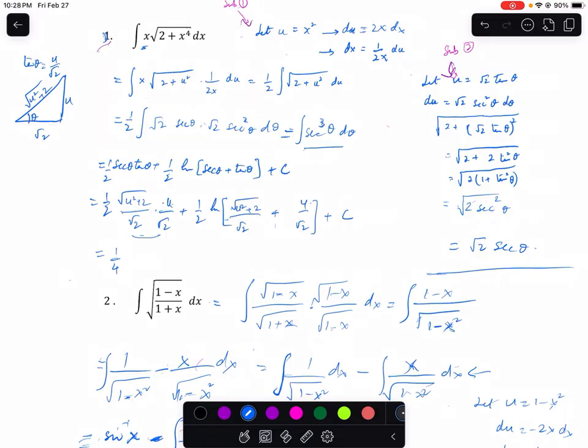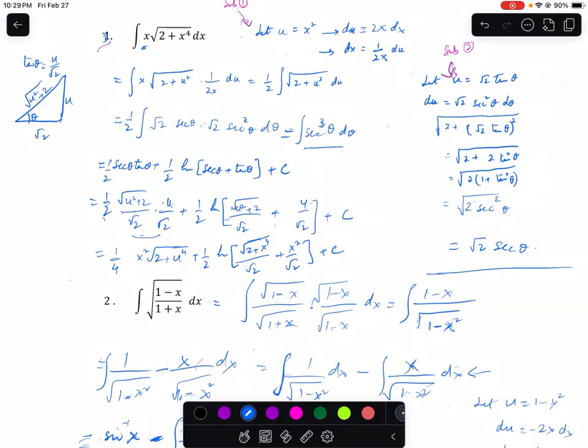So u is x square, and I'm getting x square times the square root of 2 plus x to the 4th, and then we have the square root of 2 or 2 at the bottom, which gets multiplied by the 2 here, plus 1/2 ln of the square root of 2 plus x to the 4th divided by square root of 2, plus u, which is just x square over square root of 2, plus c.